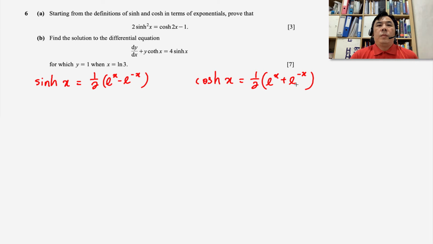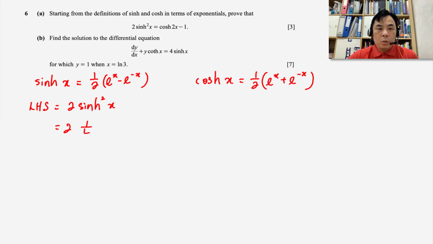All right, that is the one that we have. And then all we need to do is prove that this definition is true. On the left hand side, you can do this quite easily. We have 2 sinh squared, so that would give us the square of this.